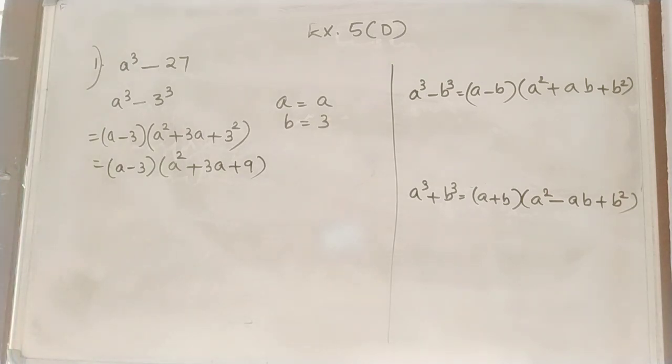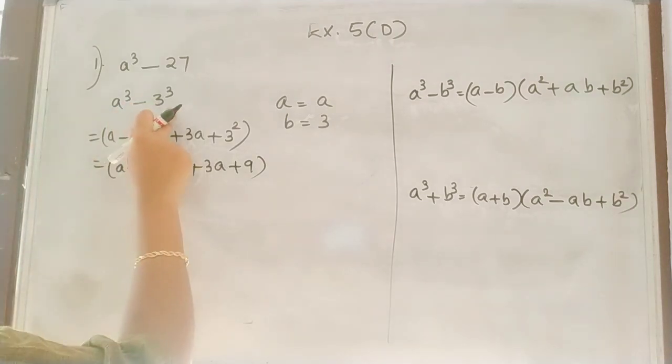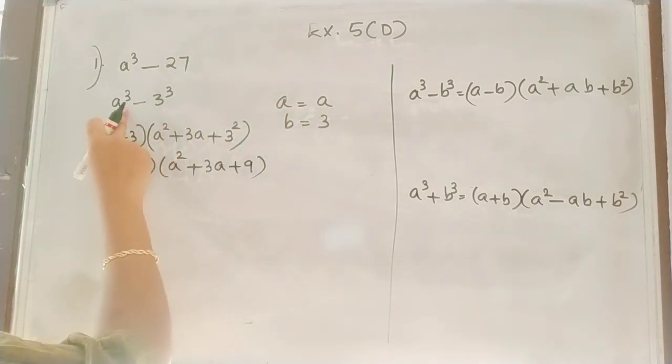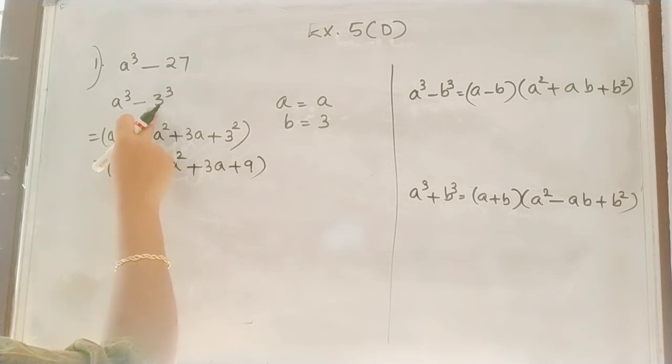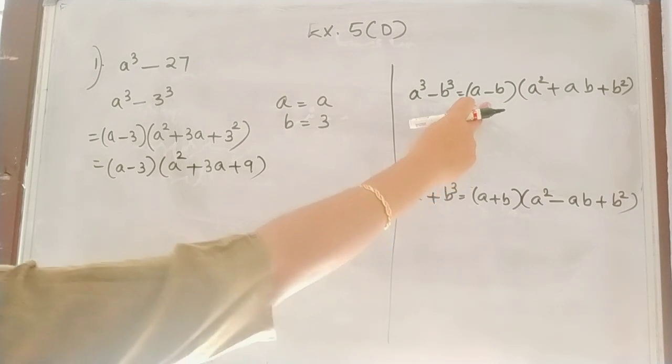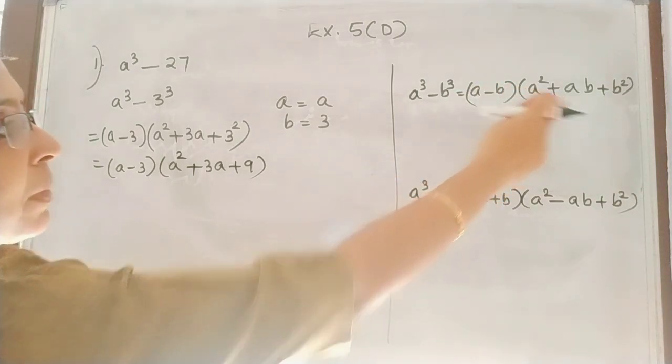So first question, a cube minus 27. We can write it as a cube minus 3 cube, since 27 is 3 cube. So here a is equal to a and b is equal to 3. So this is in the form of a cube minus b cube. We know a cube minus b cube is (a minus b)(a square plus ab plus b square).